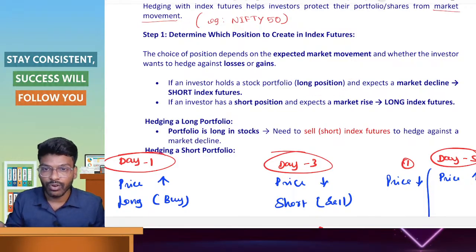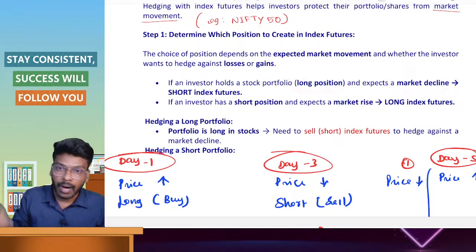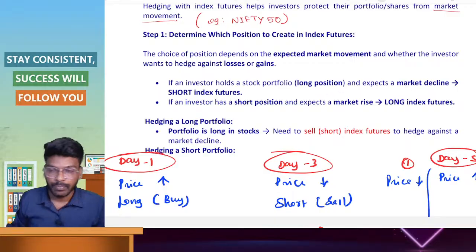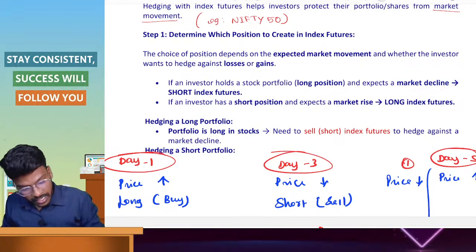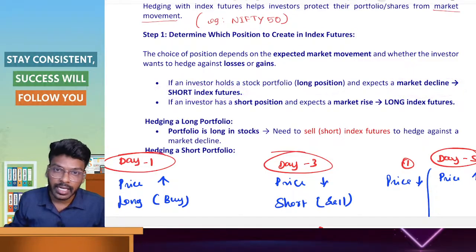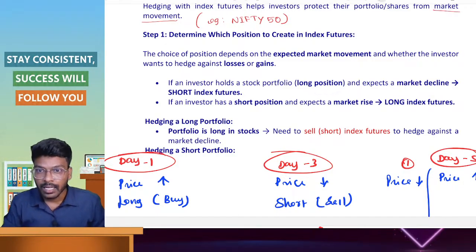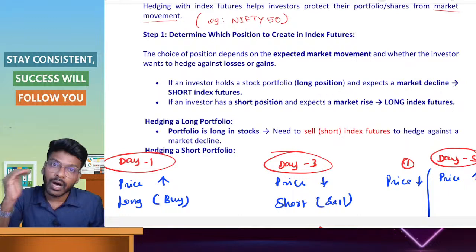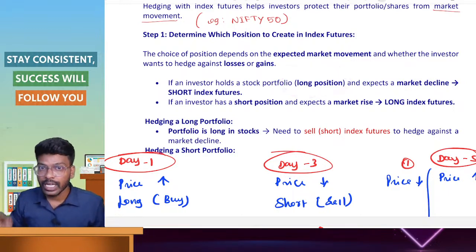He expects that the market will decline. So in case of market decline, he will go for a short position in index future. Market decreases means he will get a gain in the futures position and a loss in the share portfolio, so he will go for a short position.